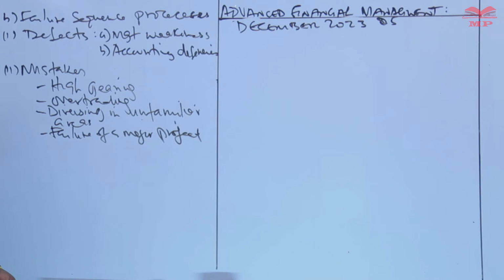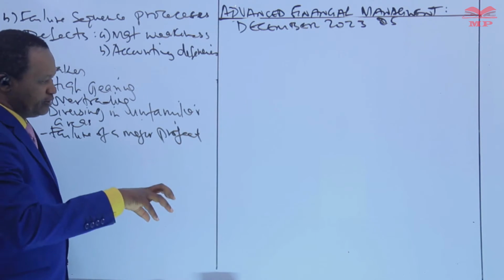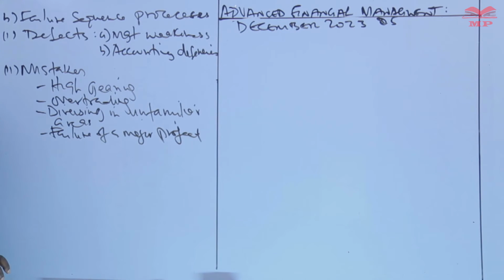A significant project failure can have a domino effect, impacting finances, impacting reputation, and even the morale of the employees. You understand? Then this is the first stage in the sequence.